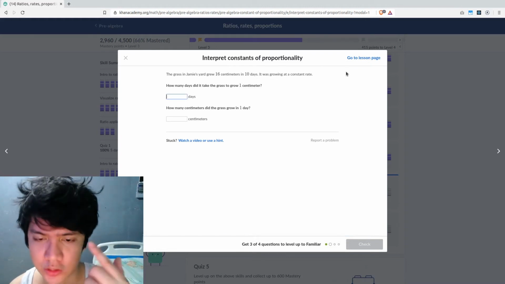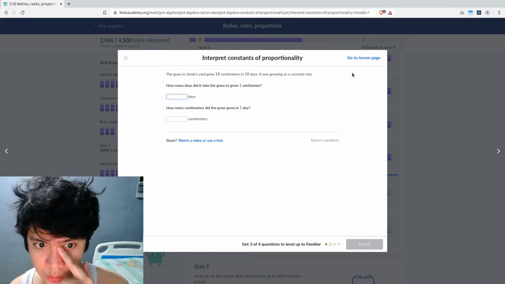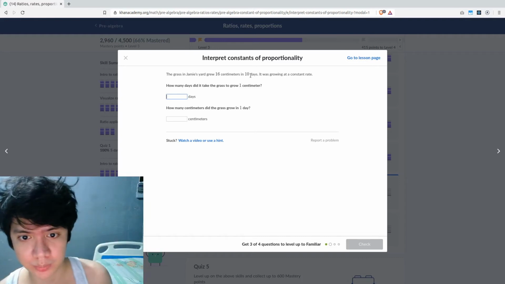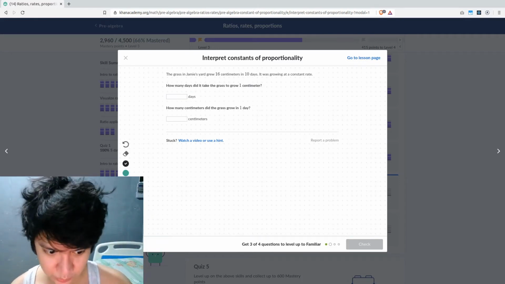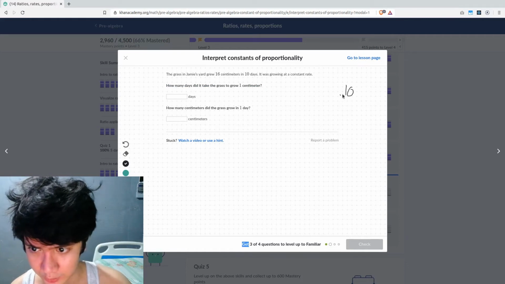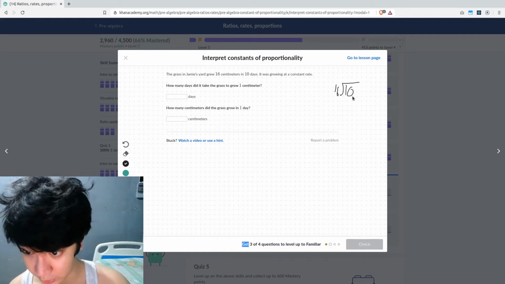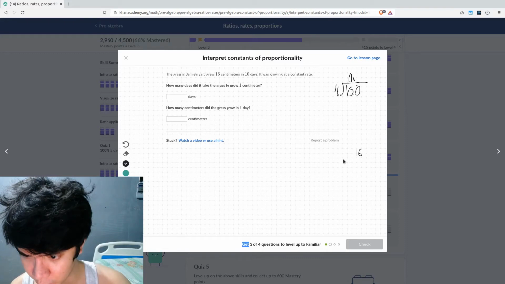This is insane. Okay, so multiply by 16, I guess. Then divide by 16. How much 16 do we need?